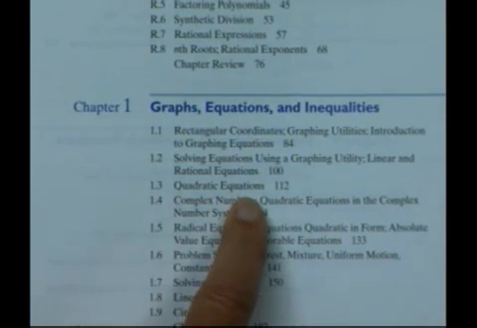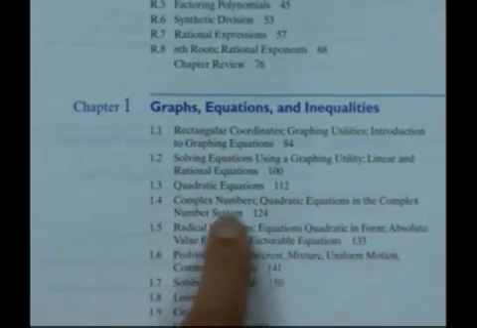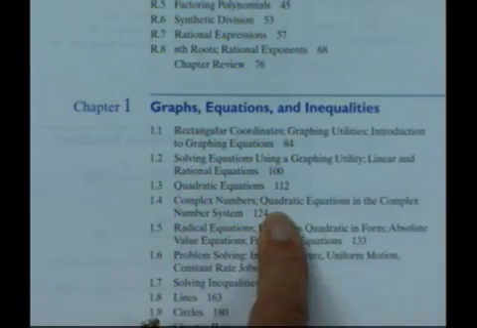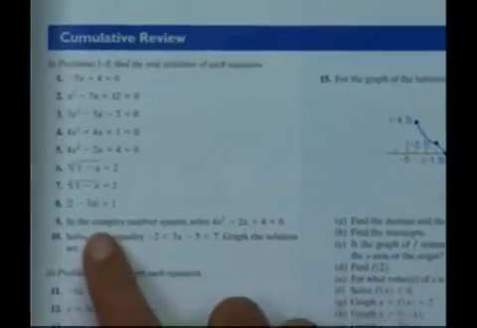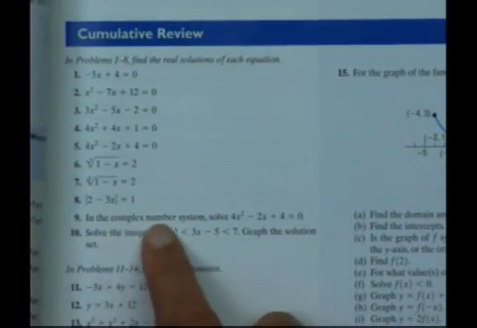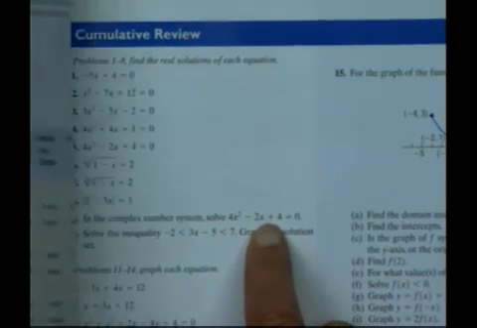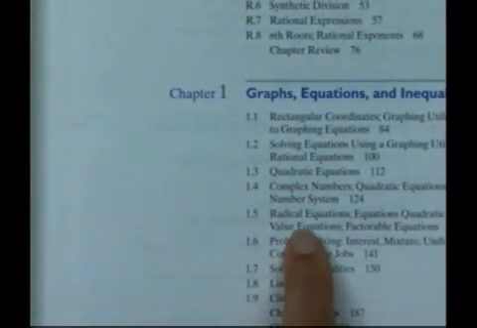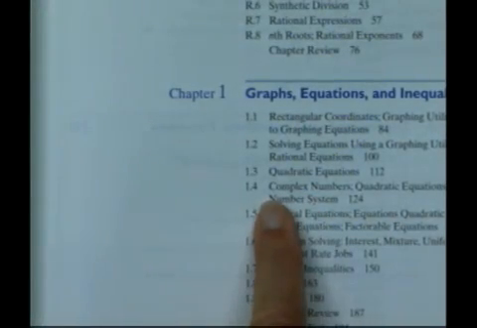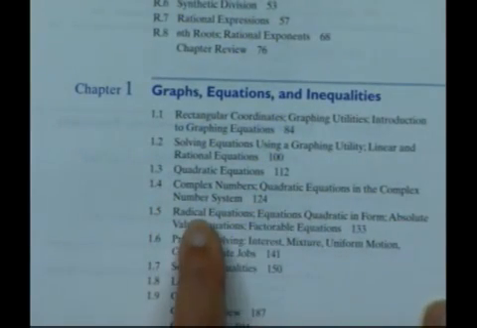Quadratic equations. Then quadratic equations when you have complex solutions. And one of the questions, number 9 in the cumulative review, says solve in the complex number system. So if you forgot about complex numbers, you'll want to go back to section 1.4 at the beginning of your book and look at that.